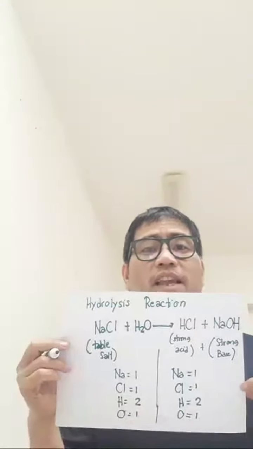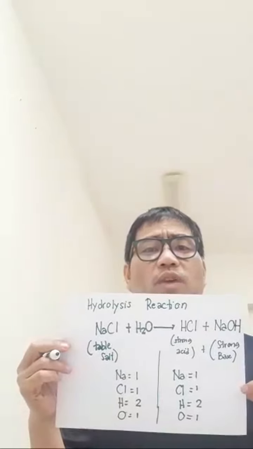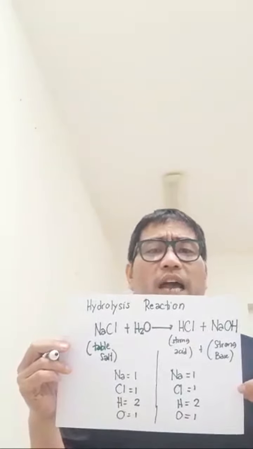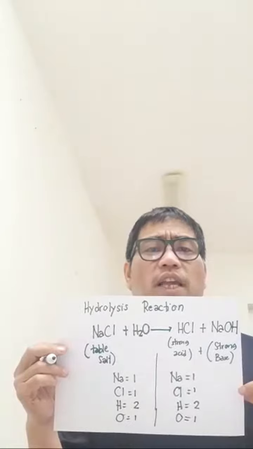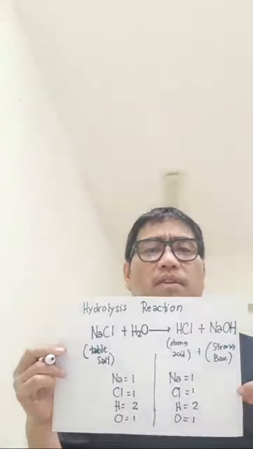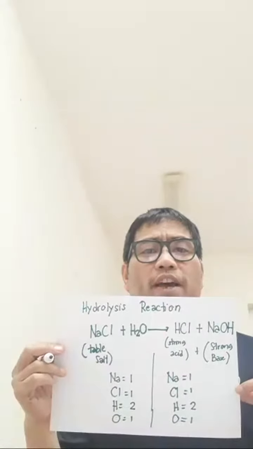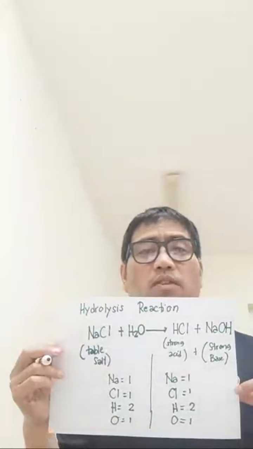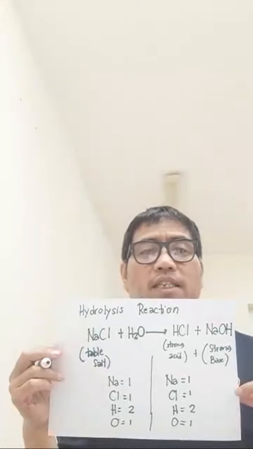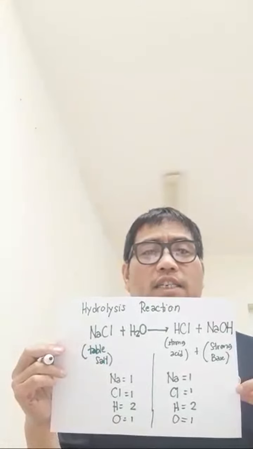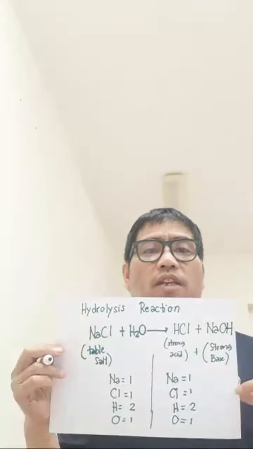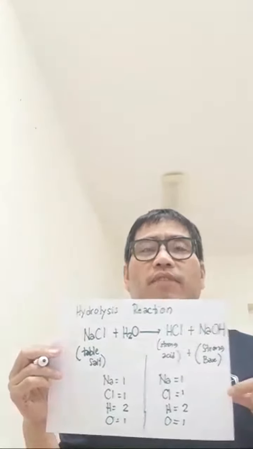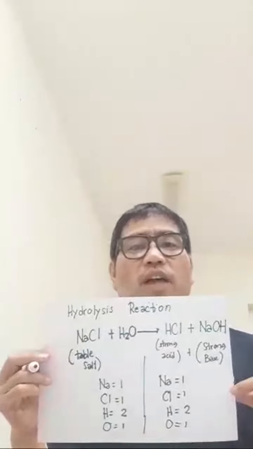But in this case, in a hydrolysis reaction, we have a perfect chemical reaction. So we have sodium chloride, table salt, plus water equals hydrochloric acid, a strong acid, plus sodium hydroxide, which is a weak base. Now our topic is the Van't Hoff factor and dissociation factor.